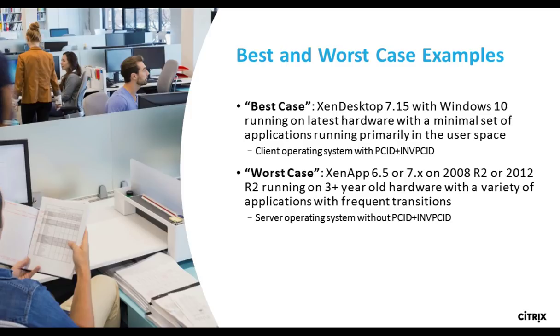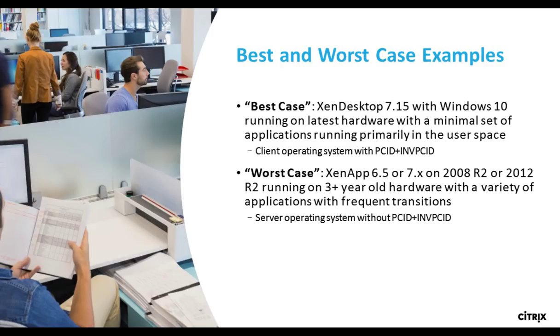And then the worst case, well, just flip everything on its head, right? So now we have a server OS or XenApp, an older version, 6.5, or maybe like LTSR1, like 7.6.3. Older Microsoft operating system like a 2008 R2 or 2012 R2, which is really common right now, I might add, in the field.